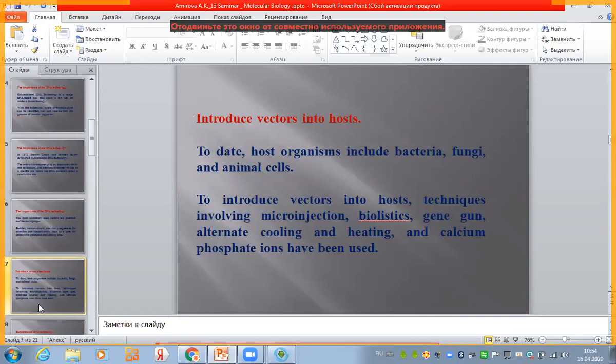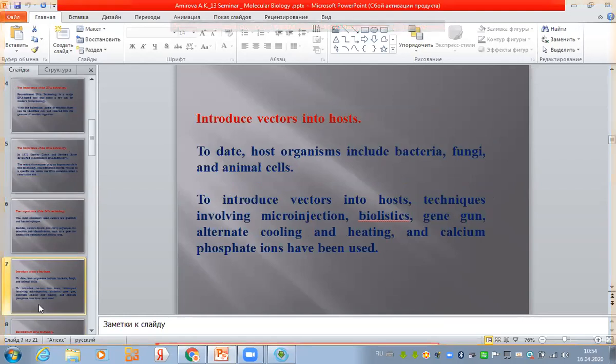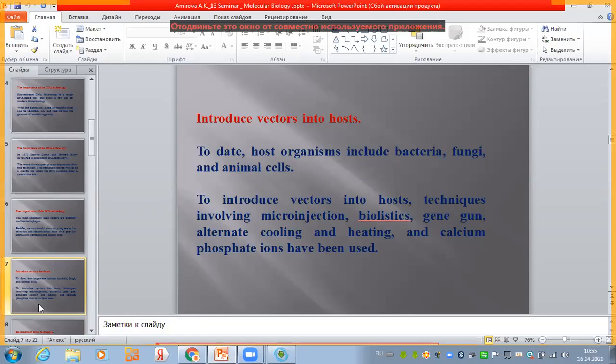To date, host organisms include bacteria, fungi, and animal cells. To introduce vectors into hosts, techniques involving microinjection, biolistics, gene gun, alternate cooling and heating, and calcium phosphate ions have been used.